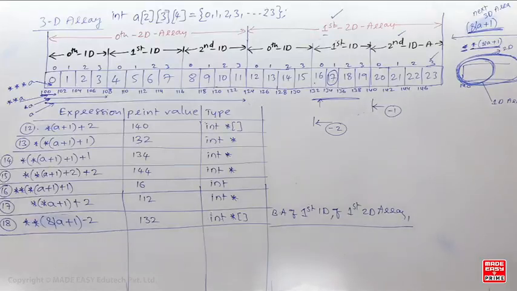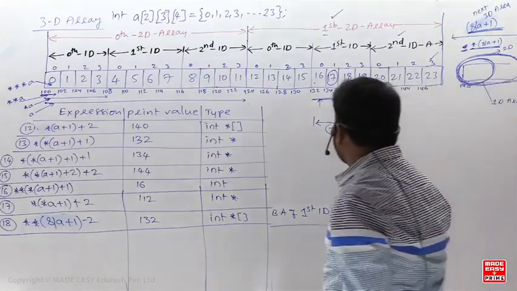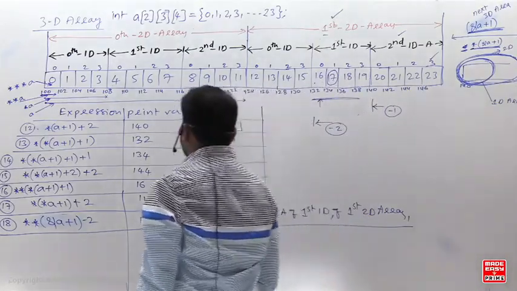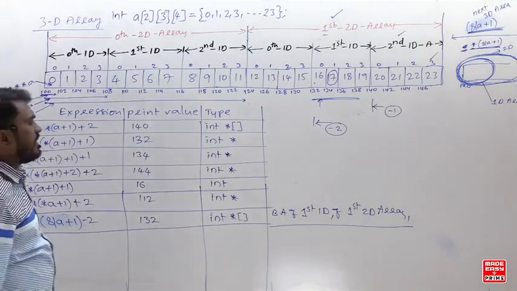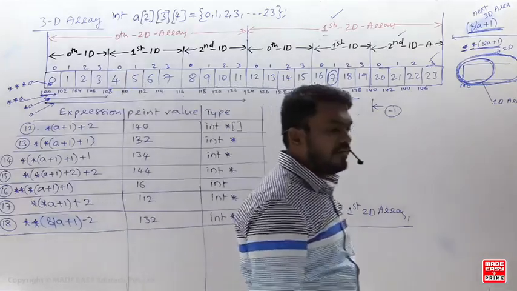Yes. Base address of the first 1D array of the first 2D array. Is this clear for everyone? Right. I hope that is clear for everyone.